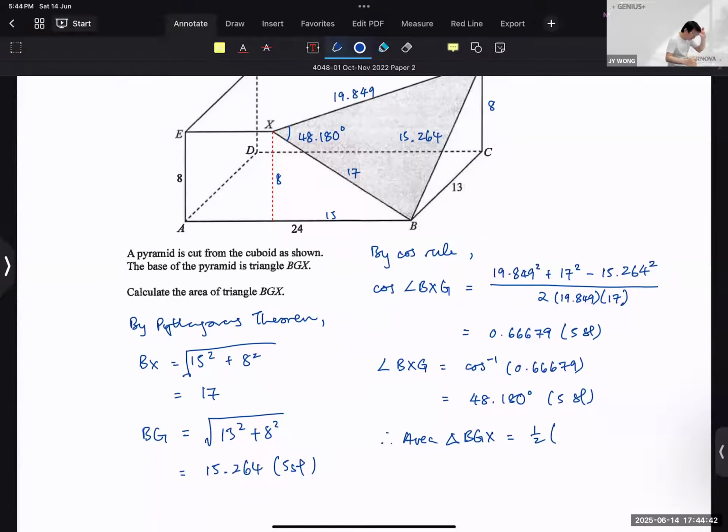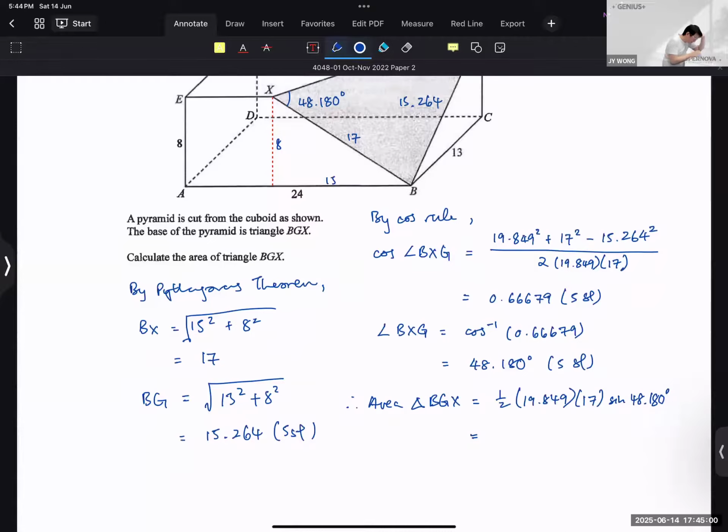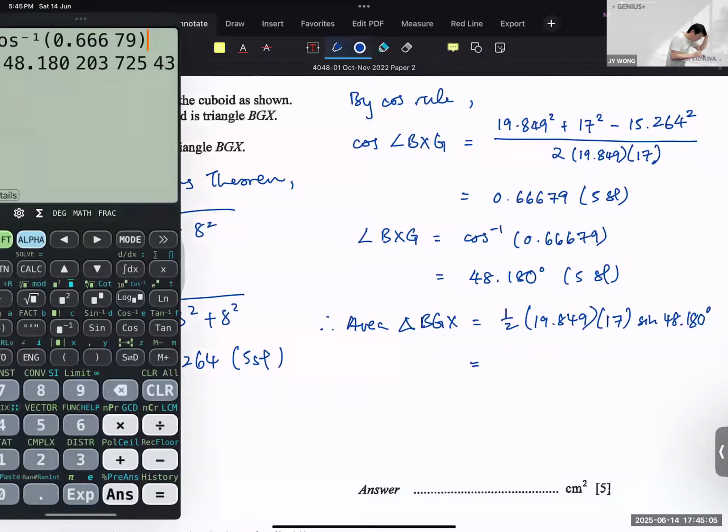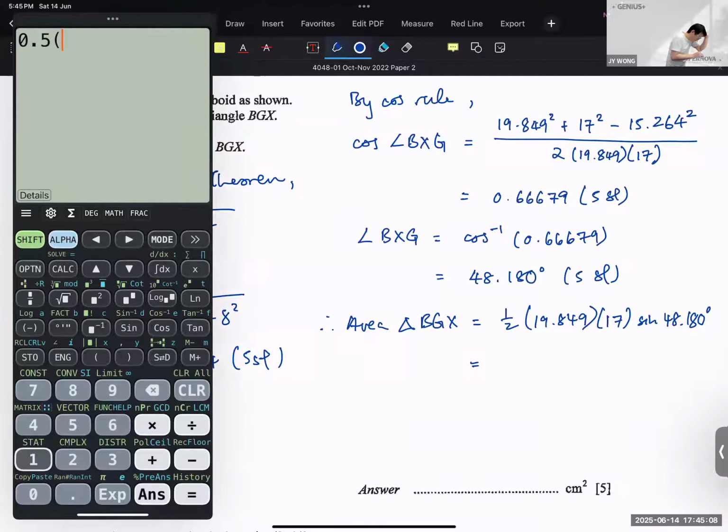So my half AB sine C is half times 19.849 times 17 times sine 48.18 degrees. And this will give me 126 in 3 SF.